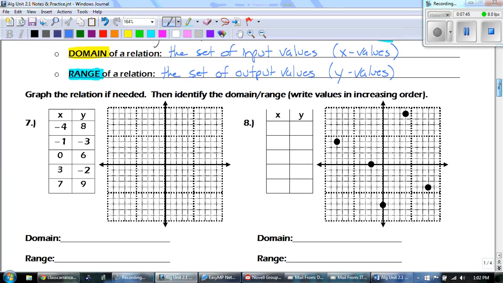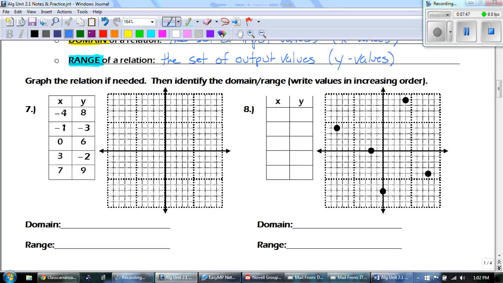So when I'm looking at this, I know right away that x is my domain and y is my range, okay? So it says to graph the relation if needed, then identify the domain and range and write the values in increasing order, okay? So the first thing it asks us to do is to graph these.